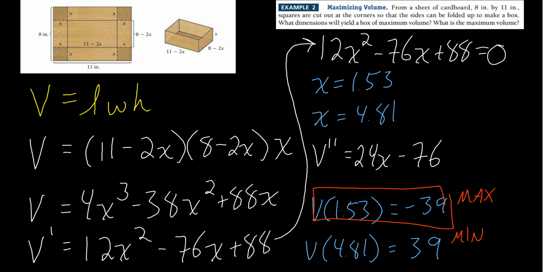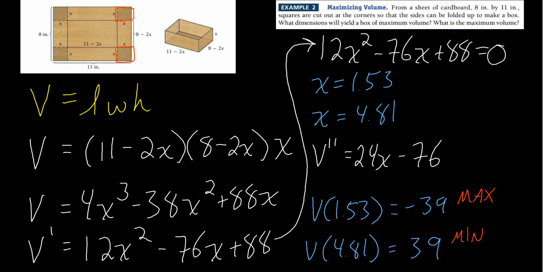But one little thing could have been skipped here. We could have skipped taking the second derivative at this critical point. Why? Go back to looking at our box. Our cutout lengths are x units long.